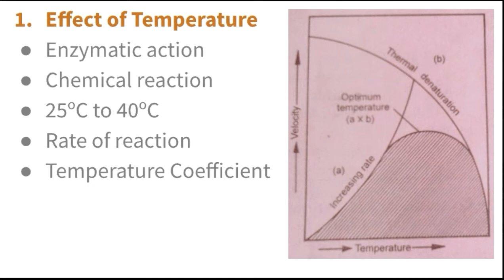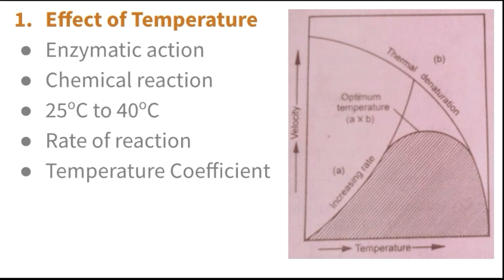Above 40 degrees Celsius, thermal denaturation occurs. So this is the effect of temperature on enzymes, and the optimum range is 25 to 40 degrees Celsius.